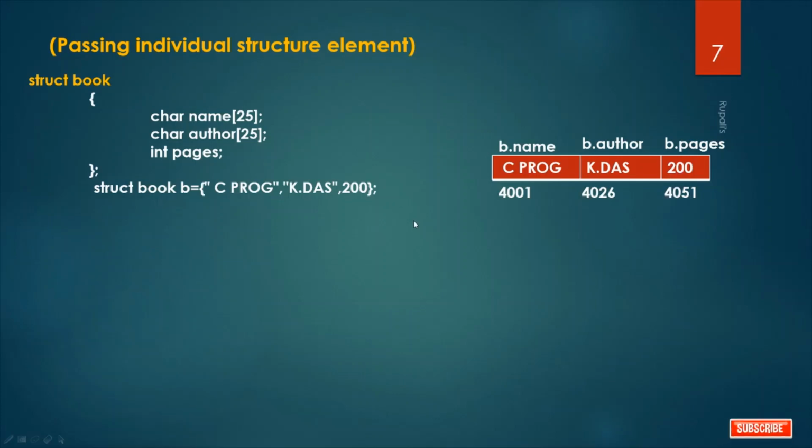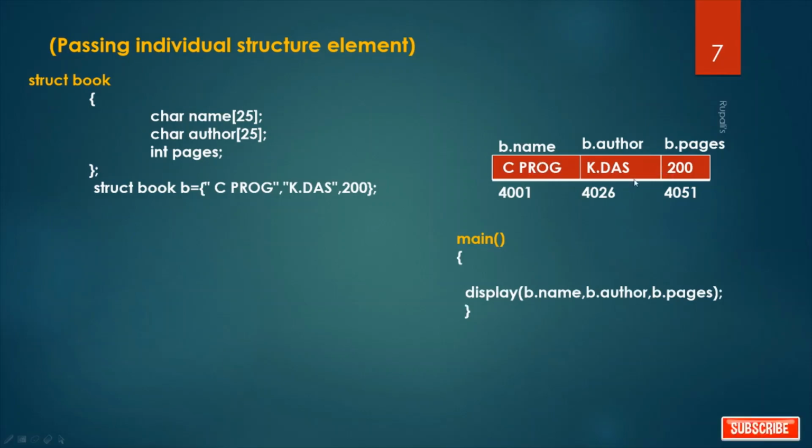Now if I want to display these values, C programming, KDAS and 200, I call one function display and I am passing b.name, b.author and b.pages. See, b.name means what? Name is the array name. Author is another array name.